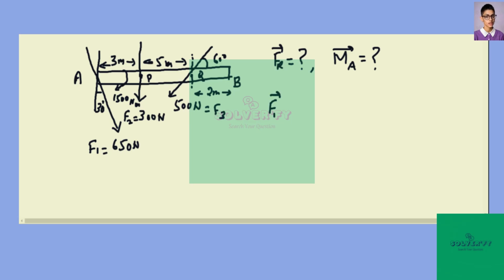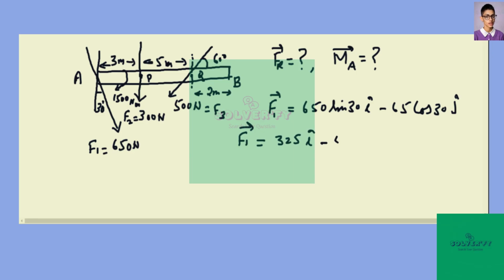So F1 can be written as 650 sin 30 i cap minus 650 cos 30 j cap. When you substitute the values, F1 will be 325 i cap minus 563 j cap Newton.